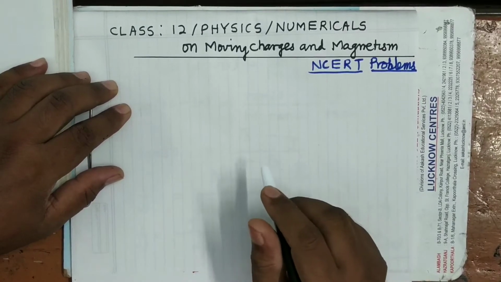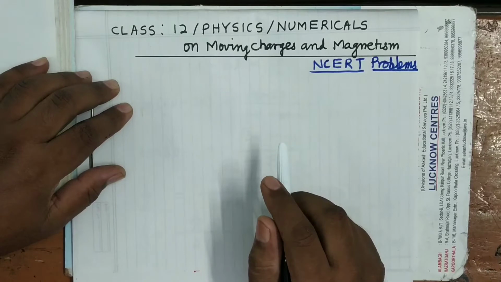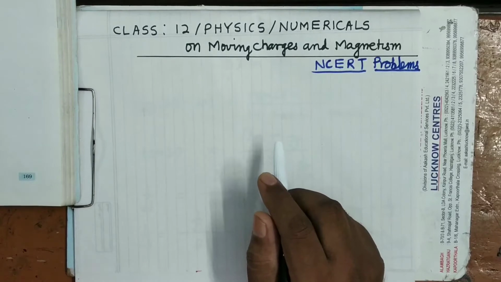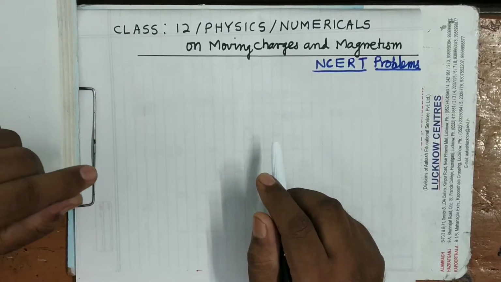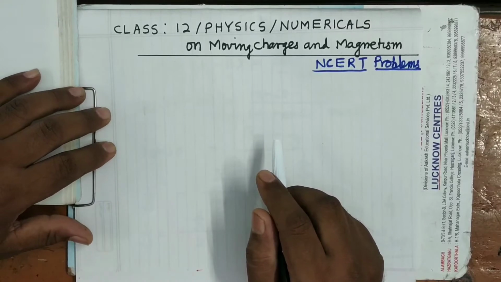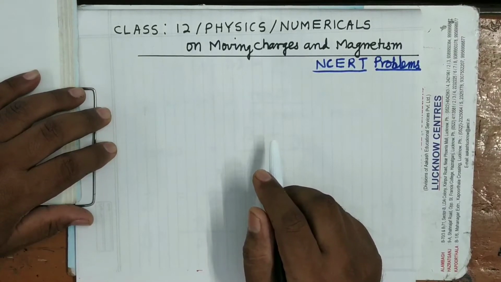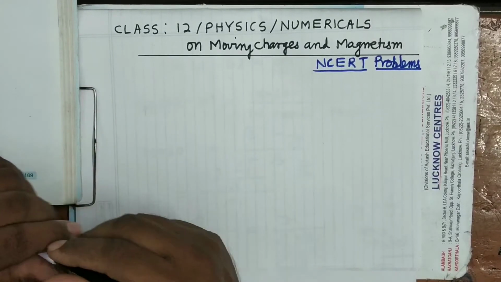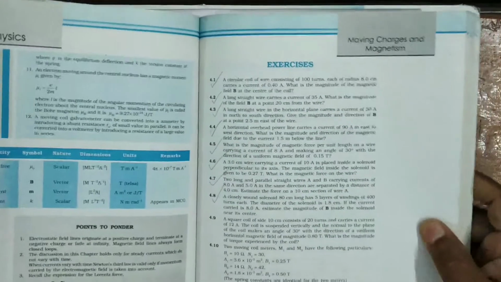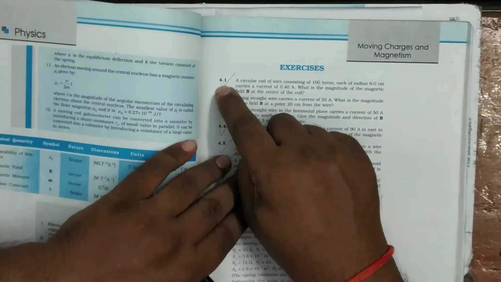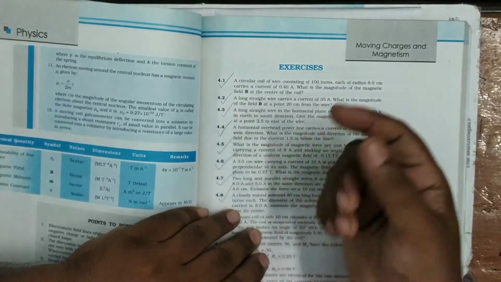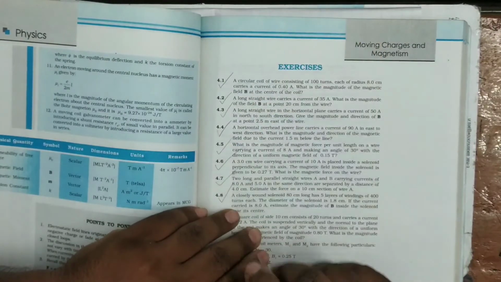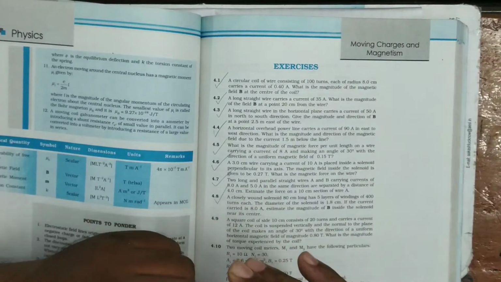It's clear. So here today I am discussing the NCERT problems on moving charges and magnetism that you can get from the NCERT book, or they may be given in your book also. There are some solved problems in the NCERT that are given in your book also, but here I am doing from this NCERT book. I will mention problem numbers 4.1, 4.2. If you don't have the NCERT book, then I will upload this page in the description box.